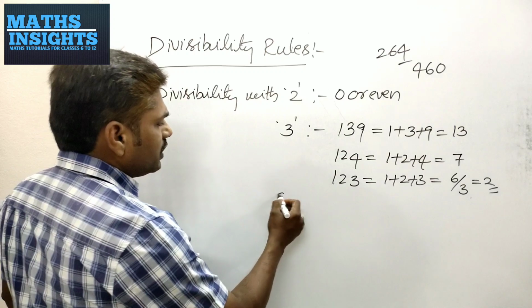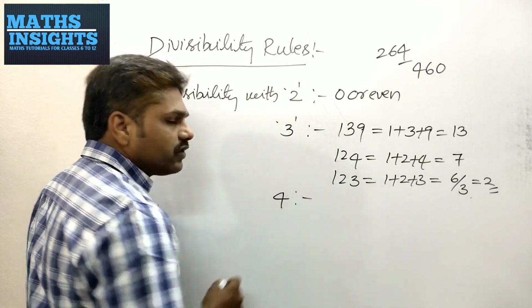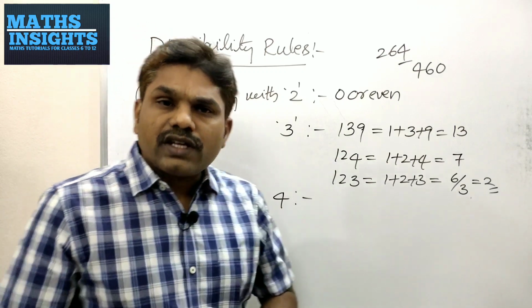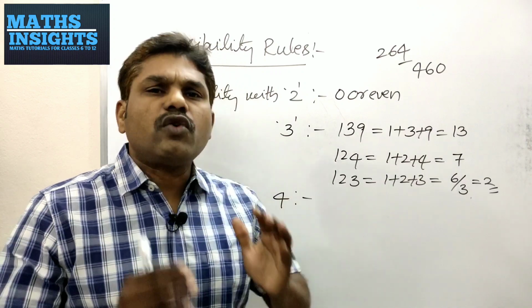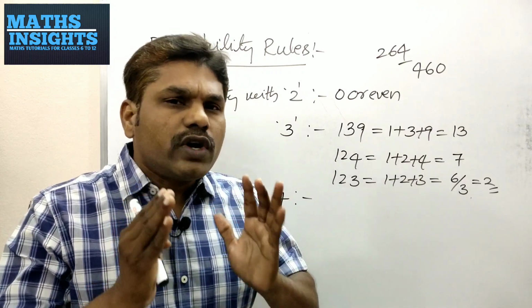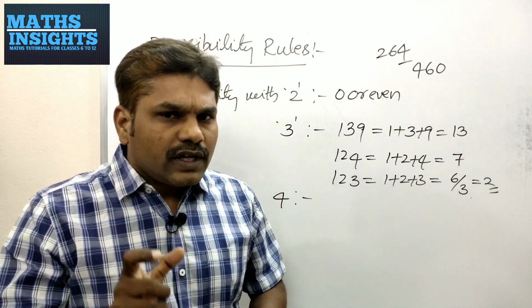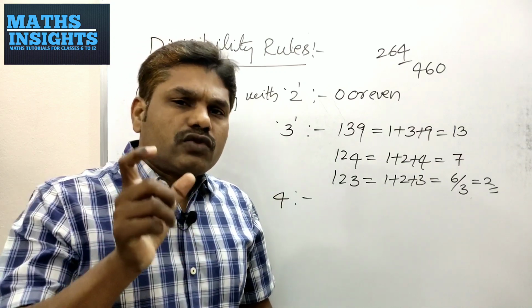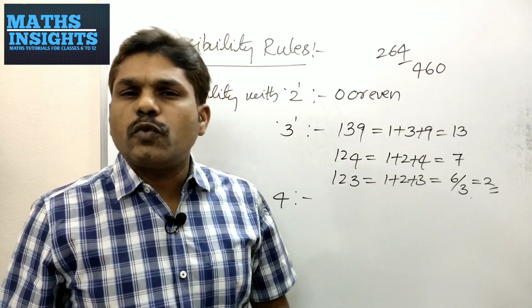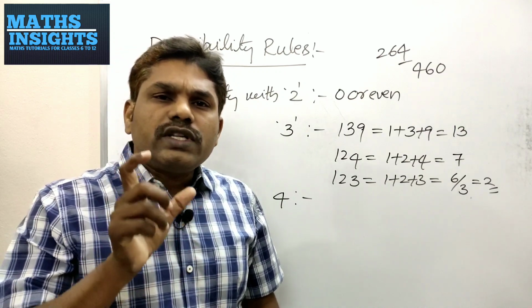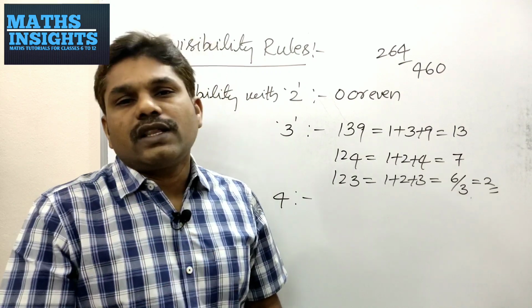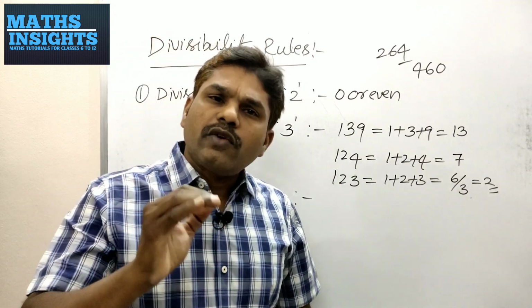Next, coming to the divisibility rule with 4. If you want to check whether any number is exactly divisible by 4 or not, you have to take the last 2 digits of that number. If those last 2 digits are exactly divisible by 4, or either the last 2 digits are zeros, then that number is exactly divisible by 4.